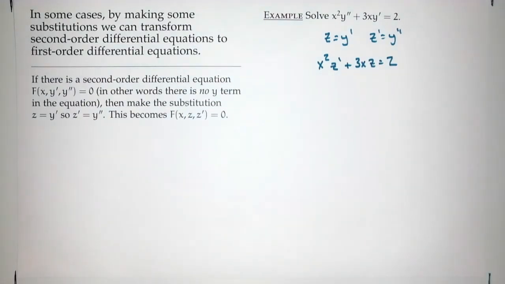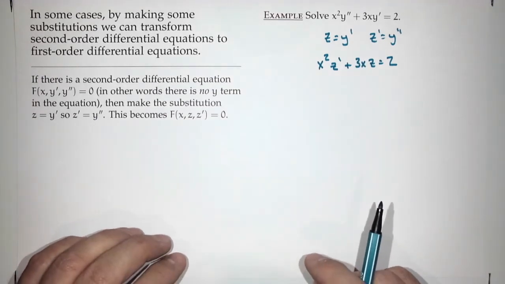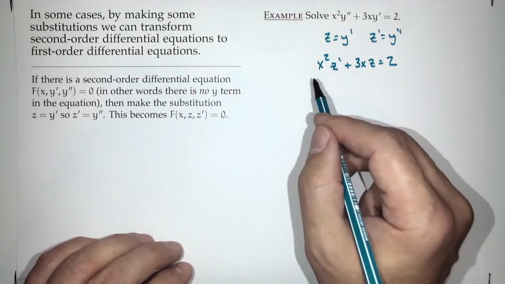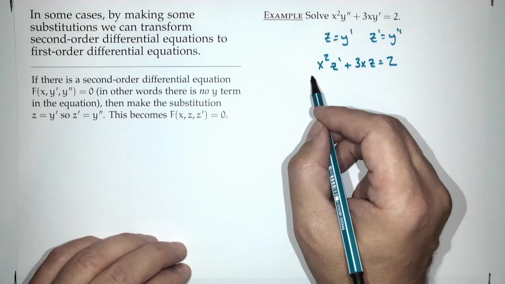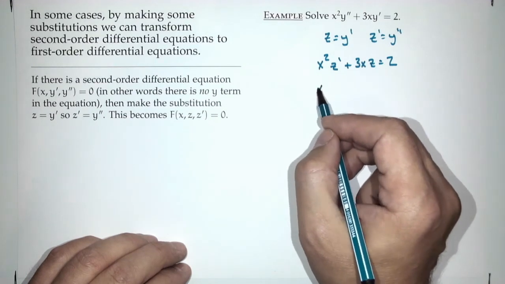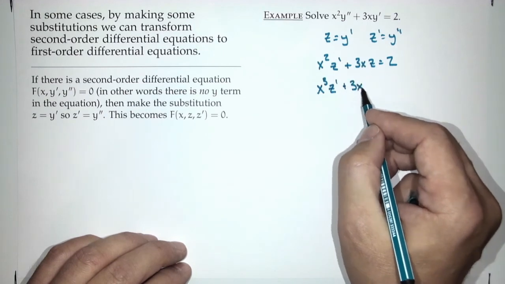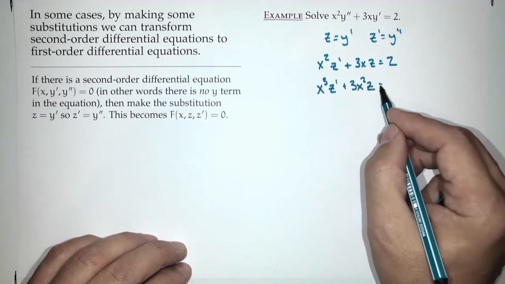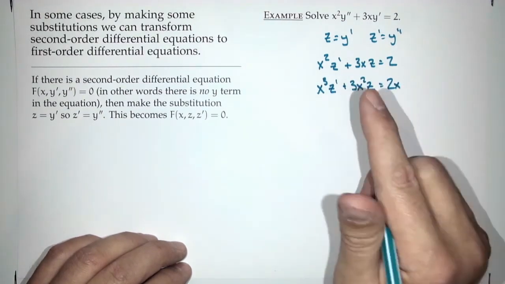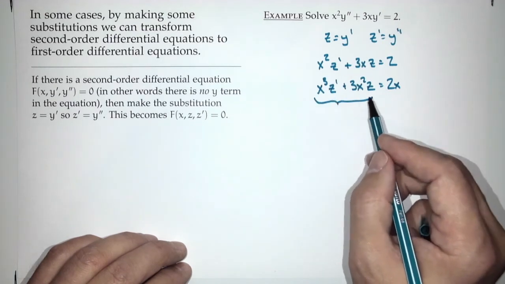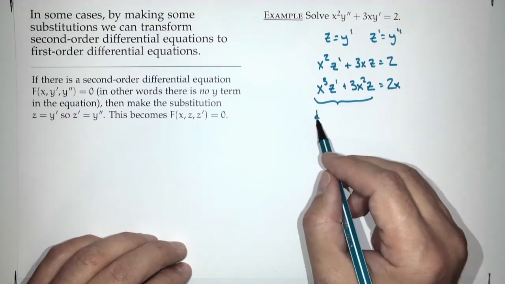Now, can we solve this? Yes. It's linear. Now, I'll skip the step of finding the integrating factor and just say multiply both sides by x. Why? Well, because I did it earlier today. But the way you check is you say, hey, is this left-hand side a derivative? I claim it is. Is it a derivative of something?